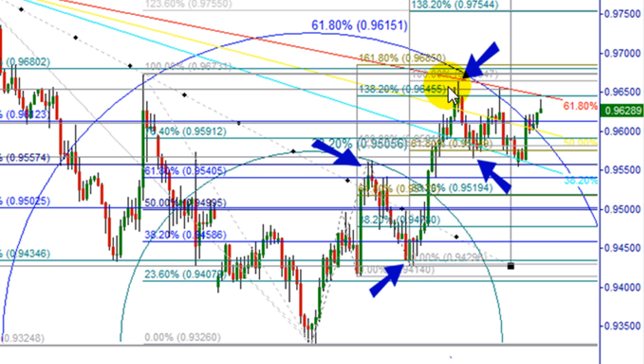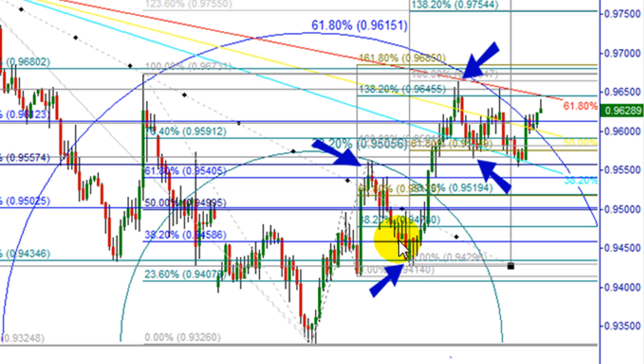So these additional types of Fibonacci are basically providing even greater confidence in those levels as resistance than we saw on the previous slide, where we were just looking at the Fibonacci extension levels.